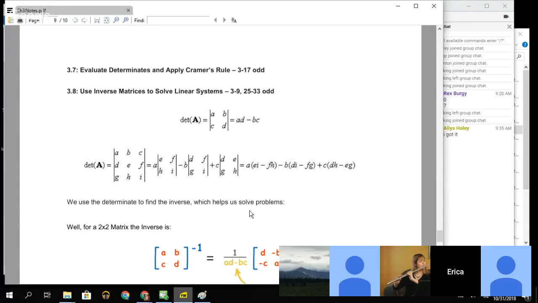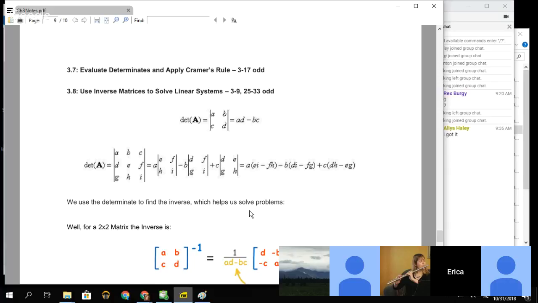Okay, so basically, I'm going to talk you backwards. We had to learn what a matrix was, right? We did that. Once we learned what a matrix was, we had to learn that we can add, subtract, and multiply it together. Okay, so we're good with that. Then we have to learn how to find something called the determinant. The determinant lets us find something called the inverse.